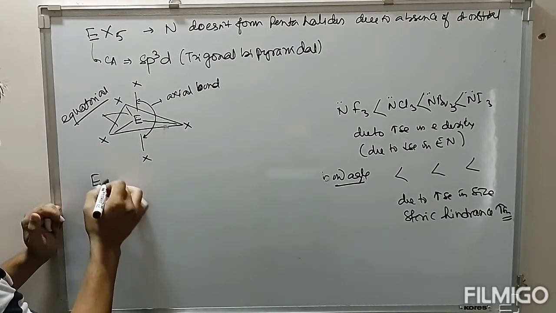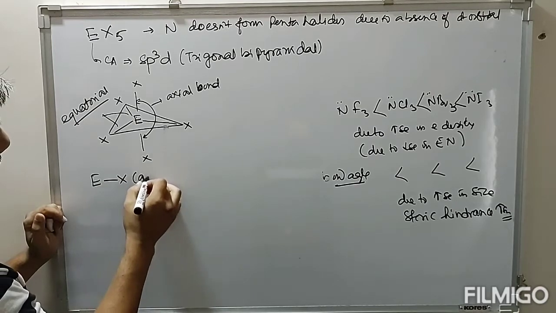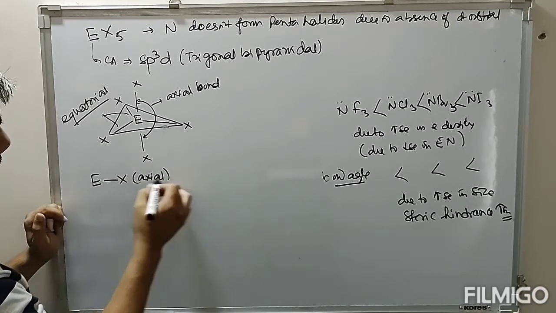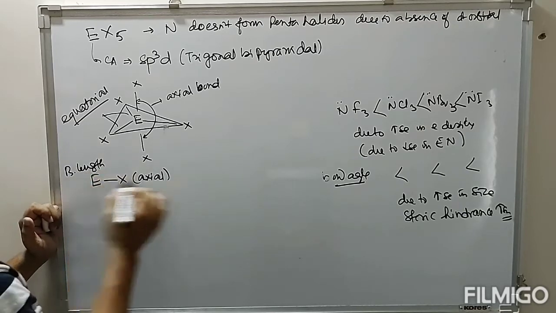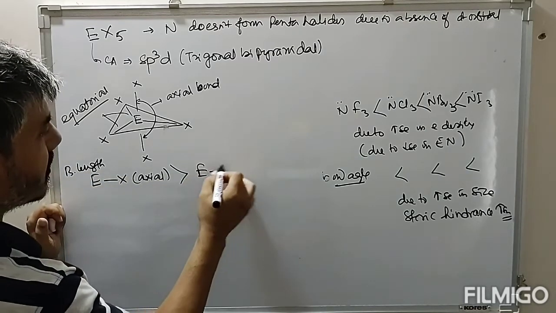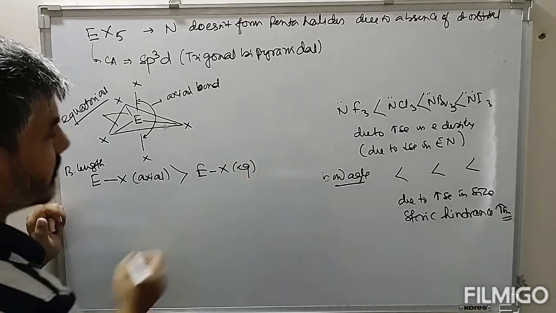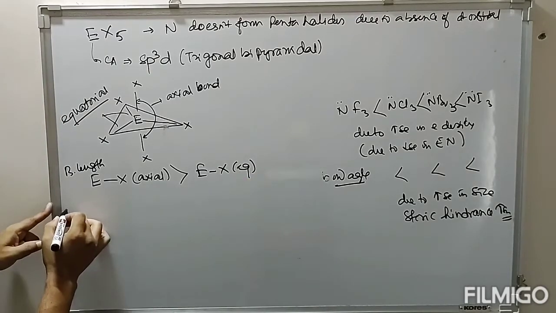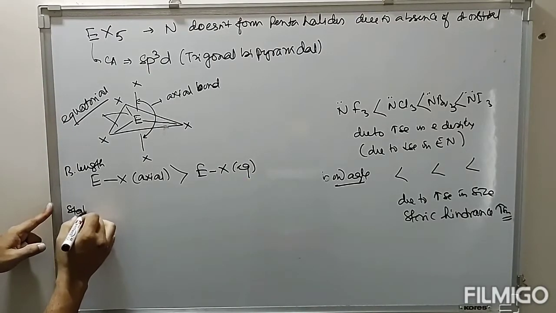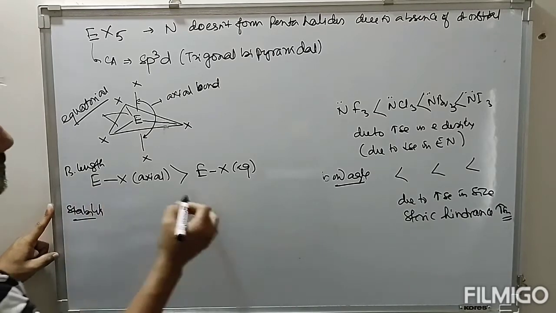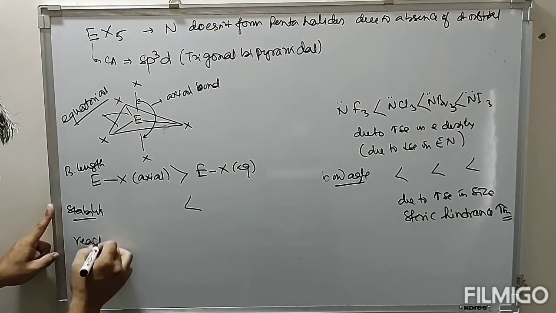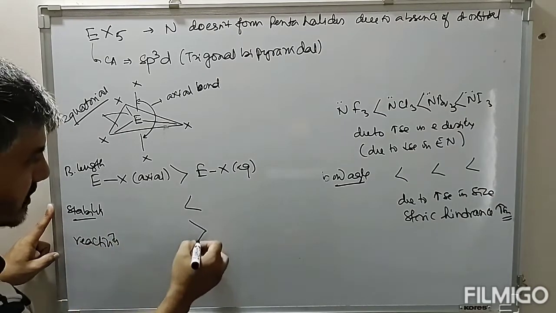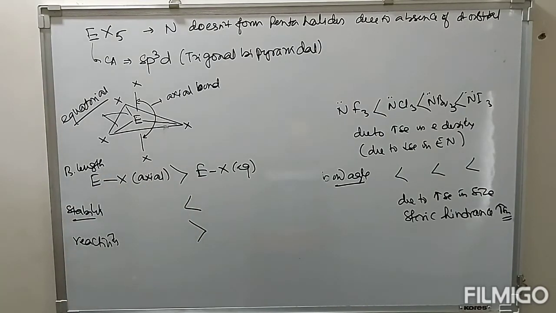Now the EX axial bond length is greater than EX equatorial. Bond stability: equatorial is more stable. Reactivity: axial is more reactive than equatorial.